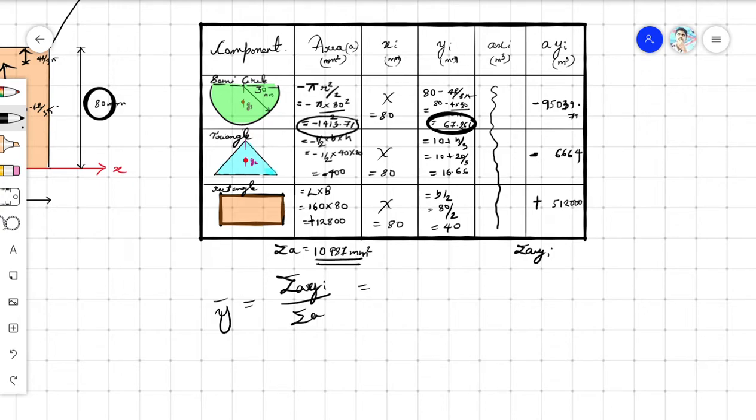This is the net area. And if you add all these terms, you get something around 410296.207, that is mm cube.